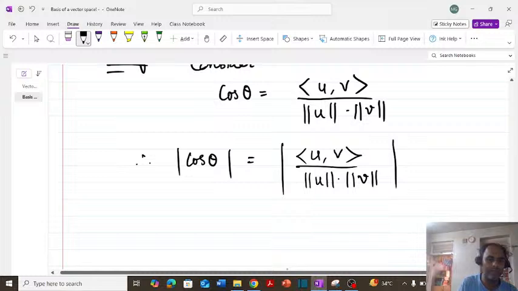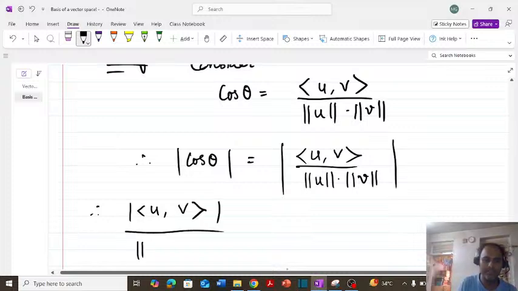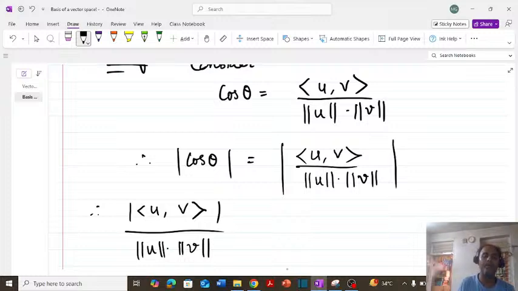Now I'll write the RHS first. This becomes norm u norm v, and this is equal to the modulus of cos theta.